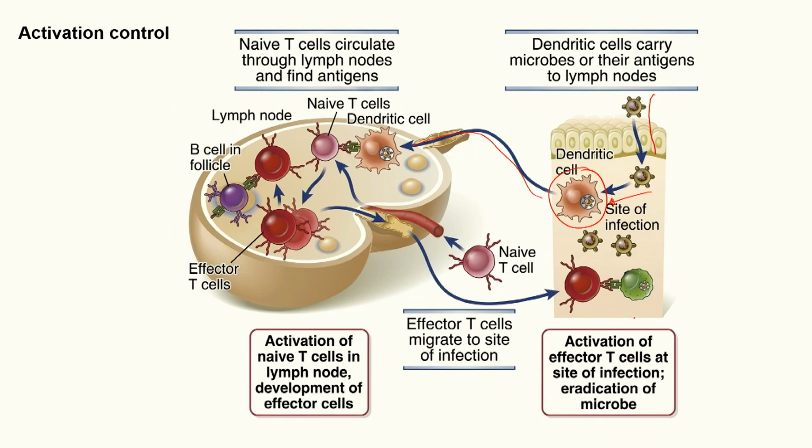In the lymph node we have vessels called afferent vessels, which allow the naive T cell. Naive T cell stands for the cells which are not activated or not sensitized with the antigen. These naive T cells come through into the lymph node area and recognize those antigens which are coming through the dendritic cell population.